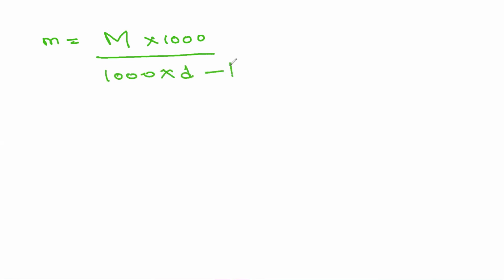Small m, that is molality, is equal to capital M, that is molarity, into 1000 by 1000 into D minus capital M into gram molecular weight.